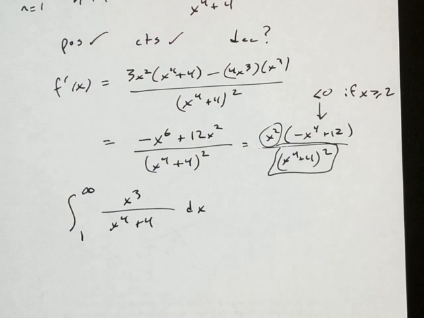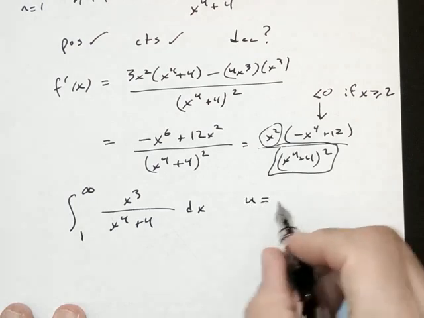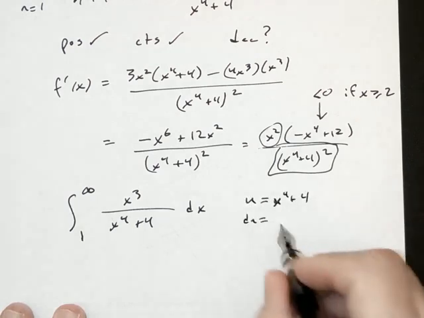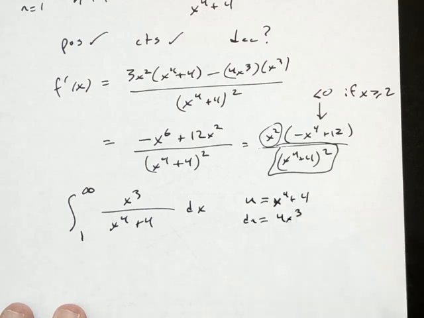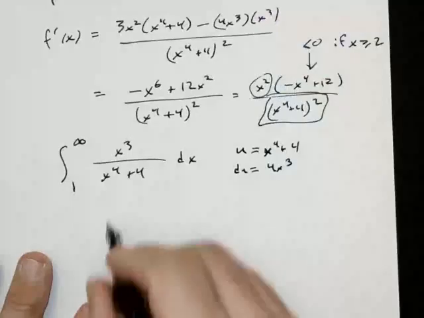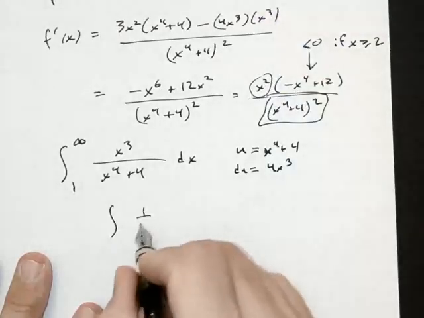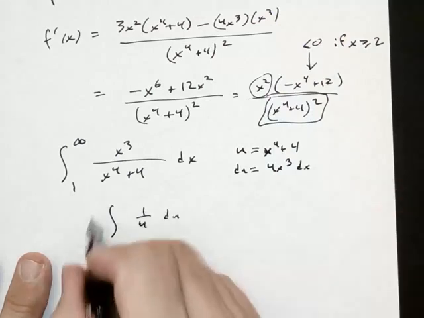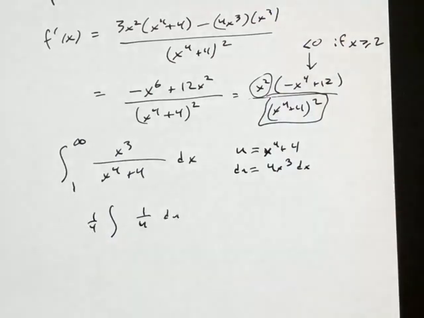Because like 1 over x goes to 0, but that's an integral that diverges. My first reaction is to do u substitution. Then du is 4x cubed dx, which makes this 1 over u du, and a 1/4 out front.